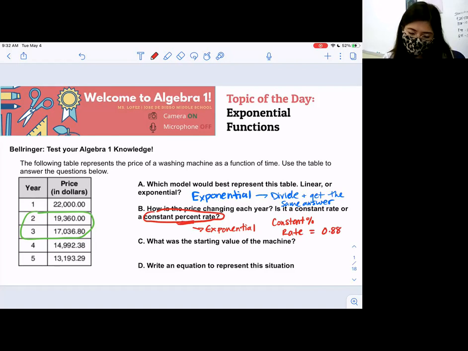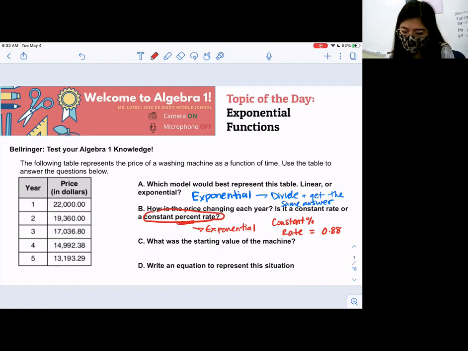All right, what was the starting value of the machine? So it started at 22,000. That is correct. So when I ask you for the starting value, usually you want to look at the y-intercept, right?